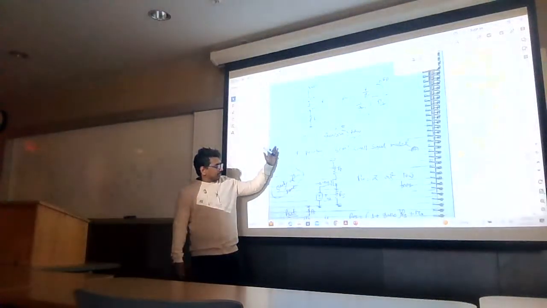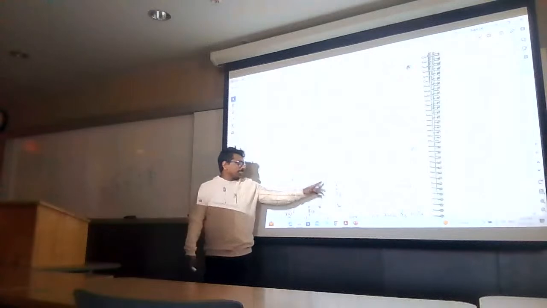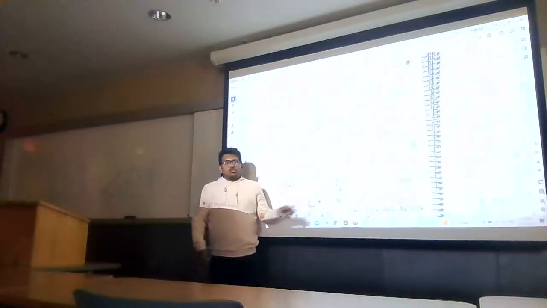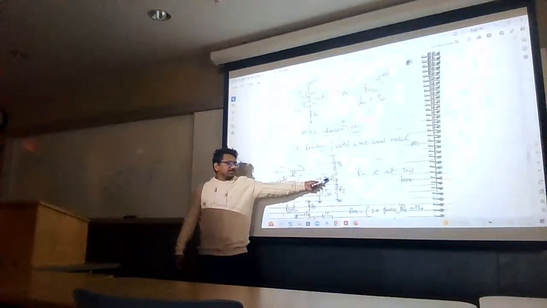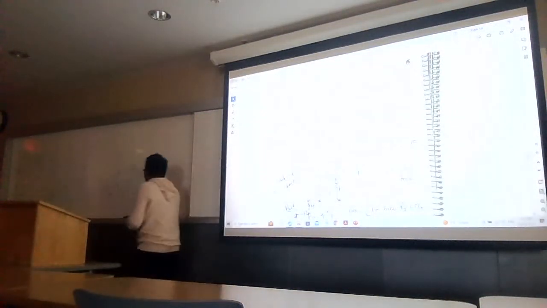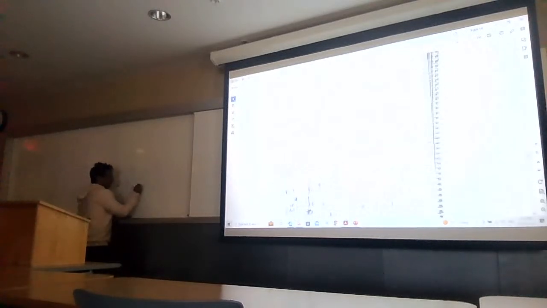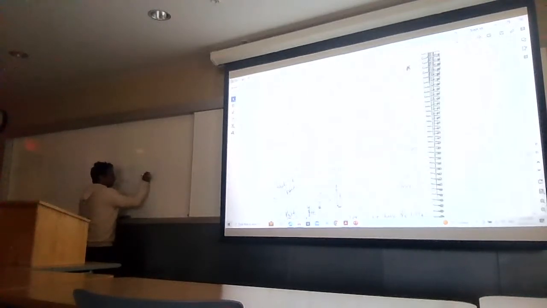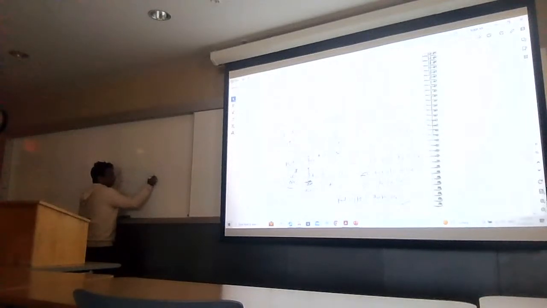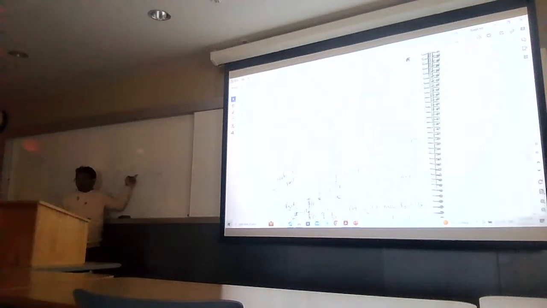There is no current flow through the gate terminal. If I draw a cross section here, there is an insulator, silicon dioxide, in the gate of a MOSFET.